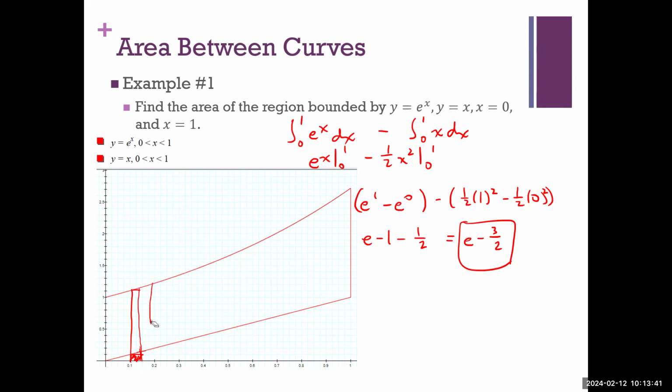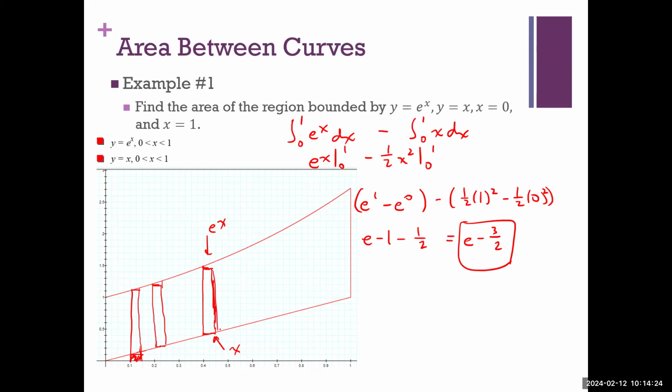Is it possible to set this up as this rectangle here? Well, if I do another one further out, what is the height of this rectangle the way I'm drawing it? Right. So this upper y value is e to the x, and this lower y value is x, right? So remember, we're still finding the area of rectangles. And the way you find the area of a rectangle is what? What do you multiply together?